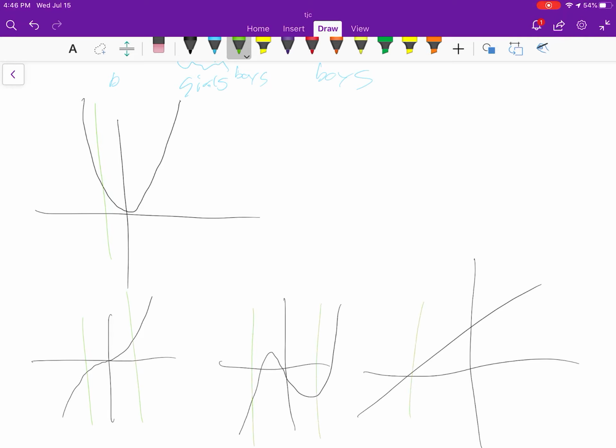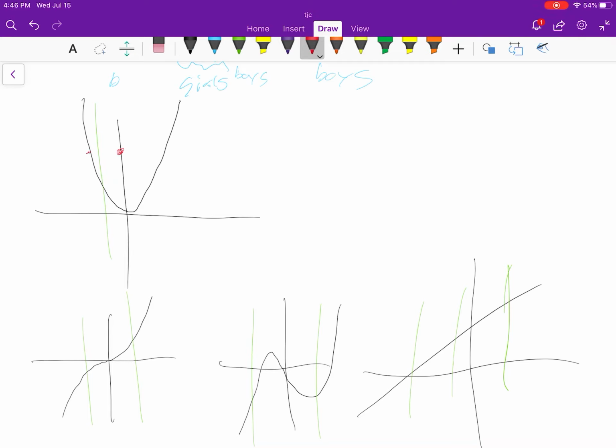All these pass the vertical line test, so they're all functions, right? Now the question is, do they have inverses? Well, inverses mean that if you map from the y to the x, each y value won't have two x values or more.